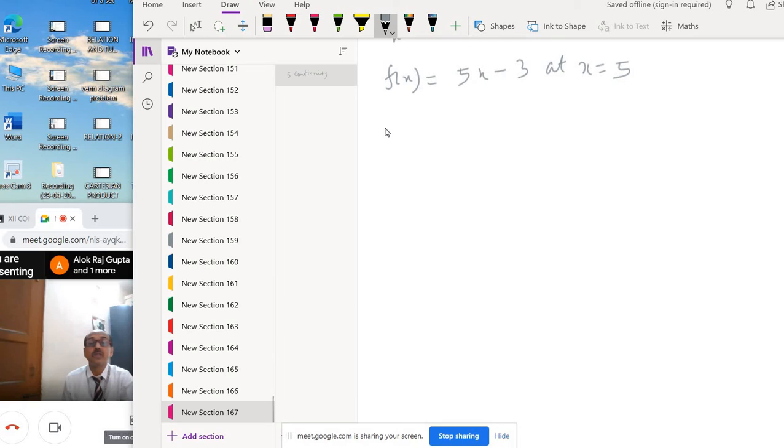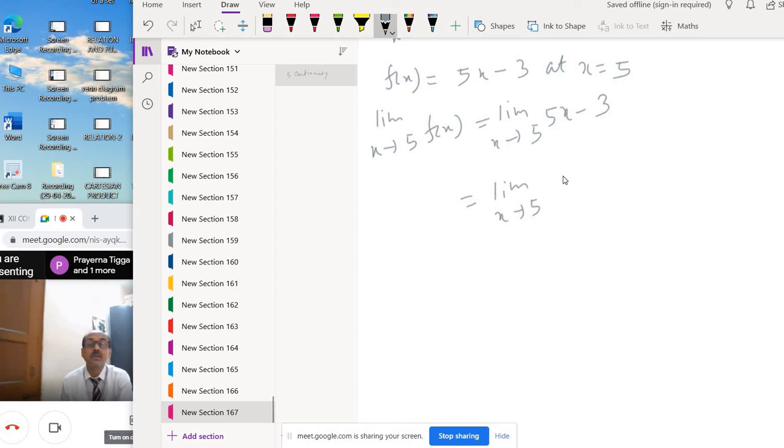Okay. So limit x tends to 5 of f(x) is equal to limit x tends to 5 of 5x minus 3, which is equal to limit x tends to 5, you can put the value now.